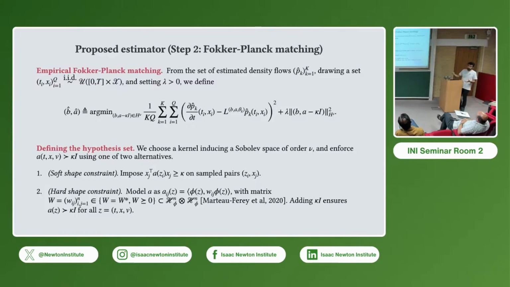And then when I control this error, I need to control the error of this step. But it needs to be chosen correctly to have a density that converges to the true density.